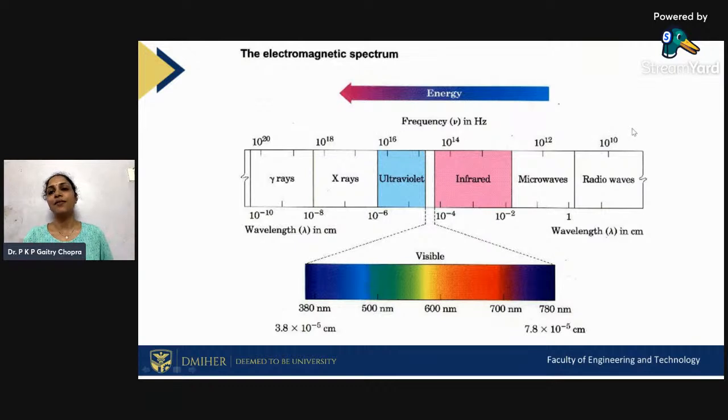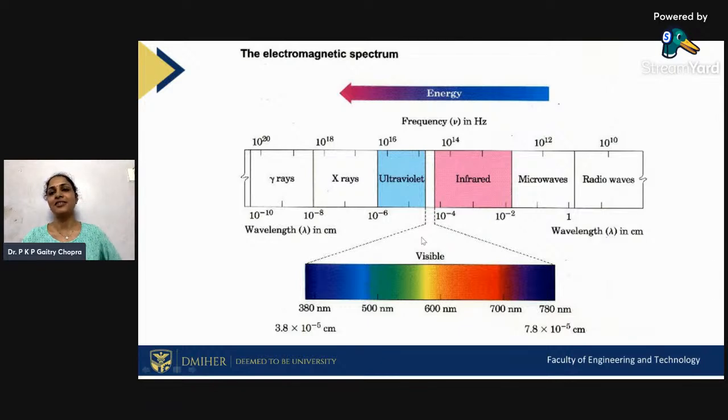This spectrum of electromagnetic radiation interacts with the molecules in different ways. See, there is a small portion of visible radiation shown. This is a very small portion of the electromagnetic spectrum, which we are very much accustomed to.